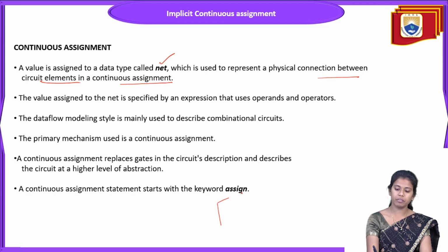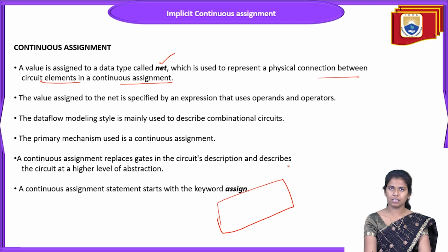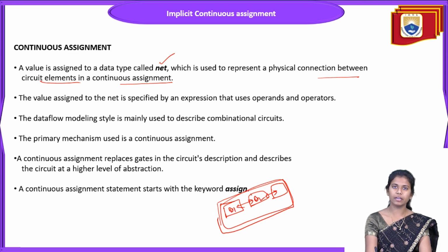In the previous session, we discussed a complex digital circuit comprised of various blocks. There is a connection between block 1 and block 2 and so on. This is nothing but a net. It says that there is a physical connection between the circuit elements, and you call it a net.